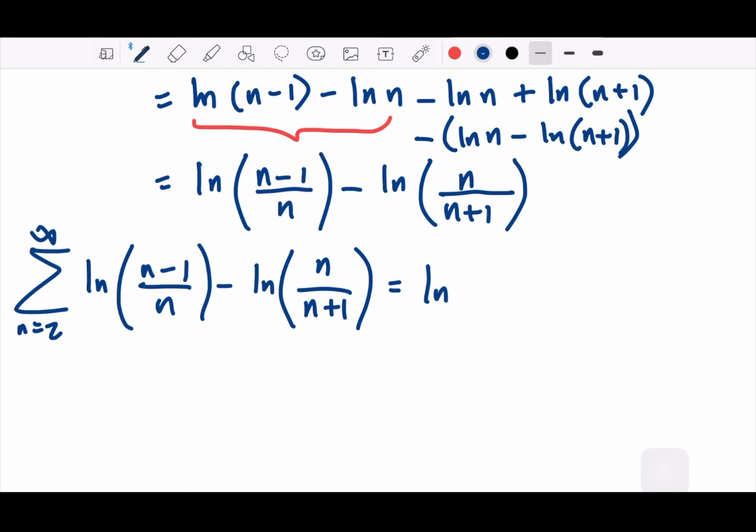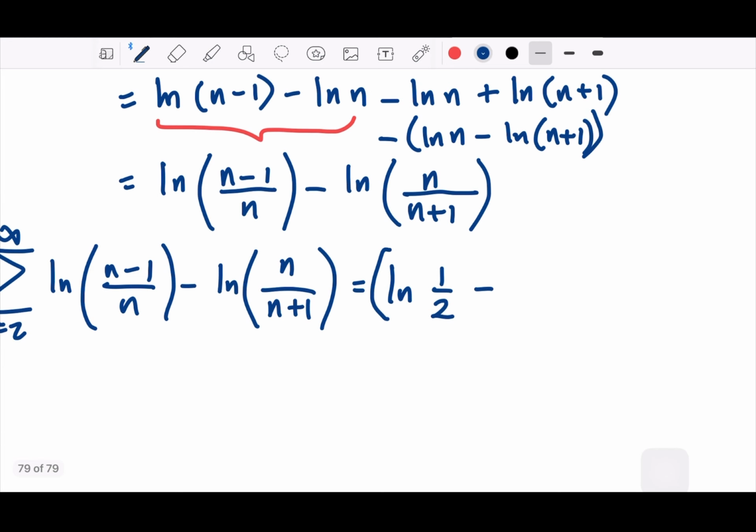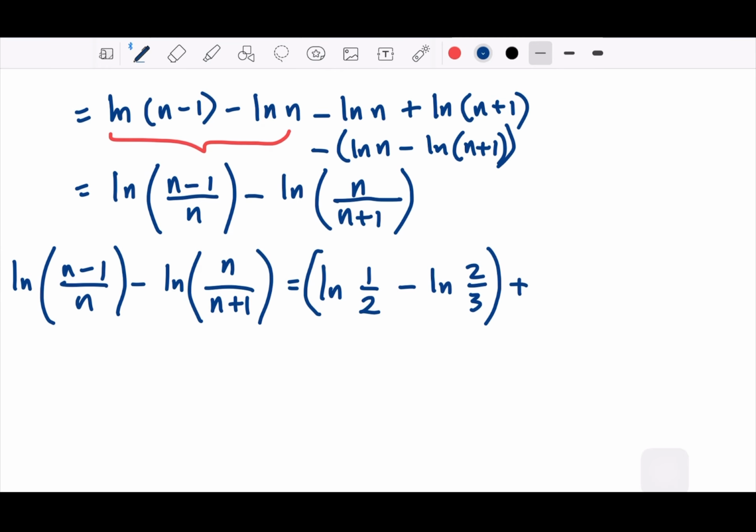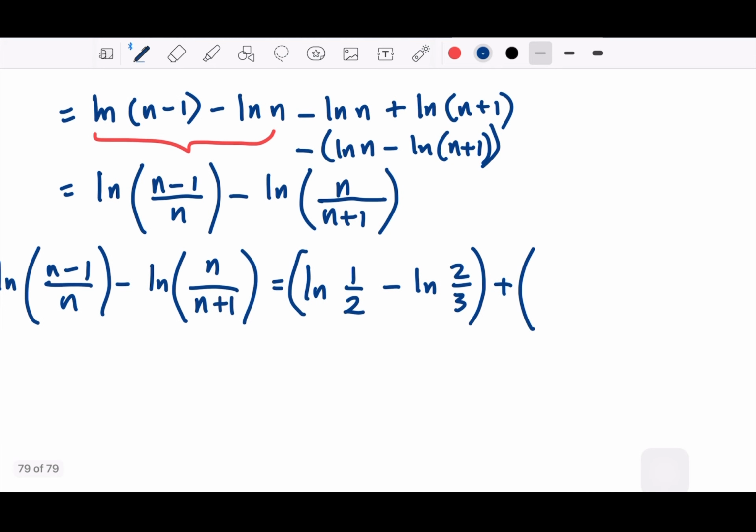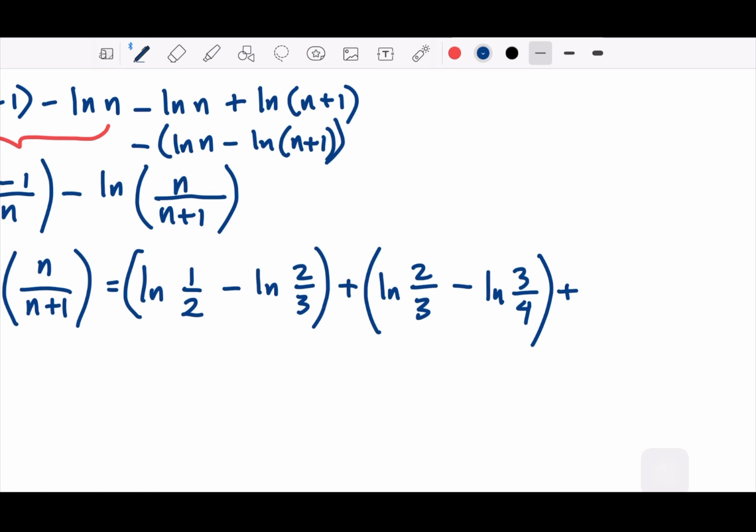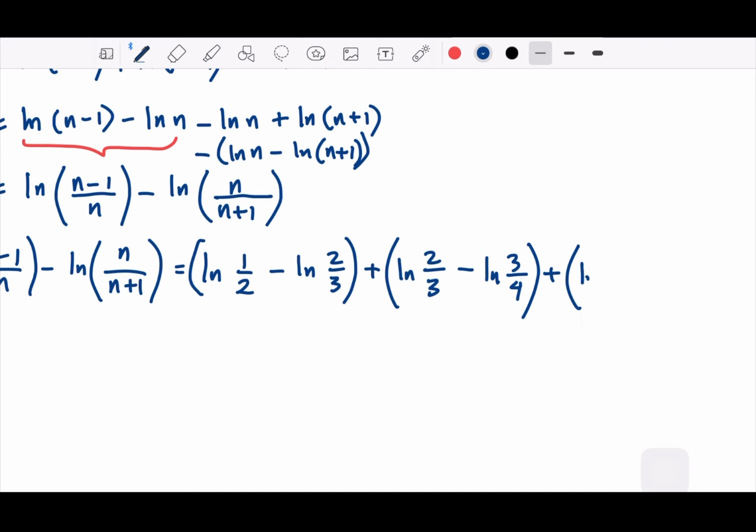It starts from ln 1 over 2 minus, let me write with the bracket, minus ln 2 over 3, plus n equal 3, ln 2 over 3 minus ln 3 over 4. If we try 4, this will be ln 3 over 4 minus ln 4 over 5.